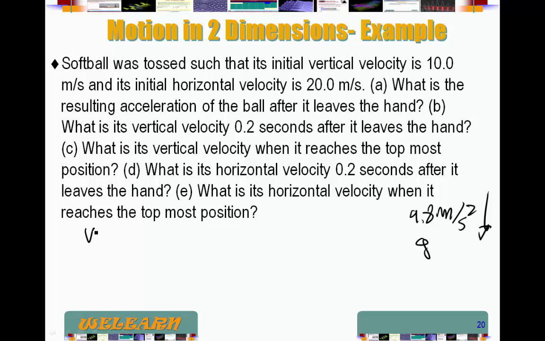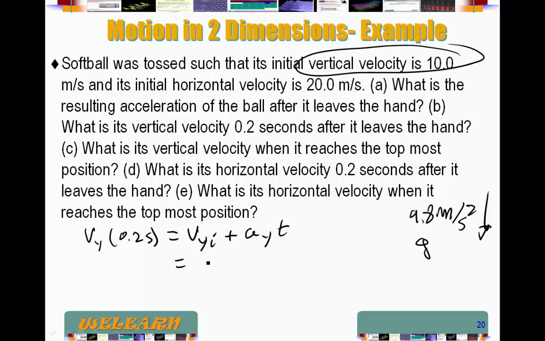So our Vy at 0.2 seconds is going to be equal to Vy initial, the initial velocity along the y, plus a sub y times t. In this case, Vy sub i, the initial velocity along the vertical, is 10 meters per second.